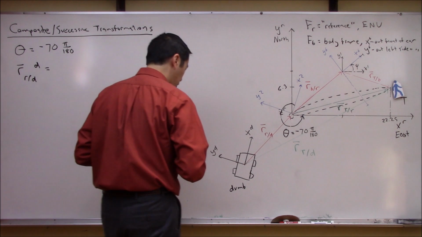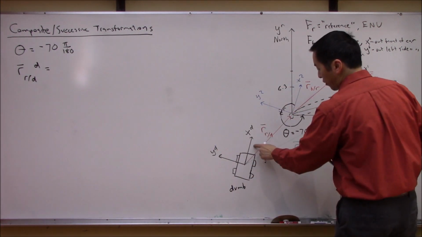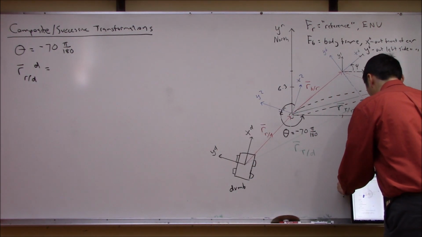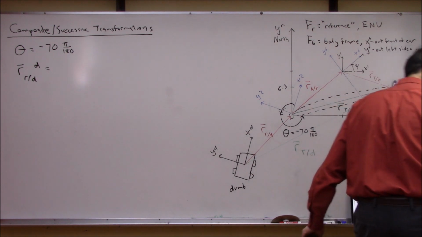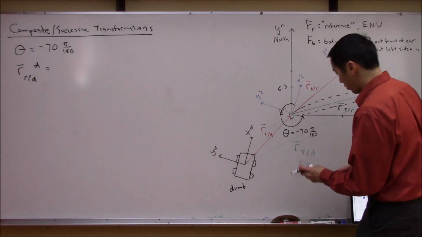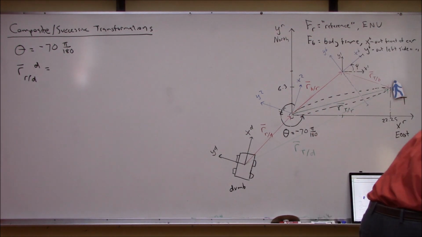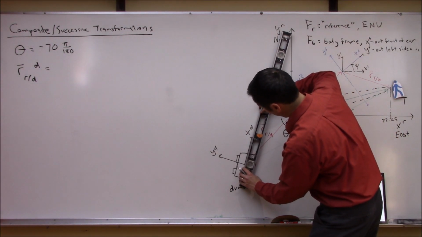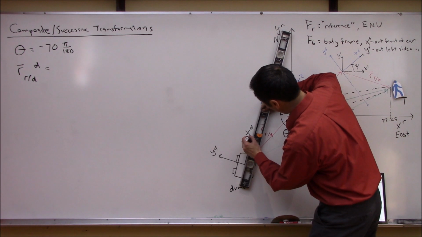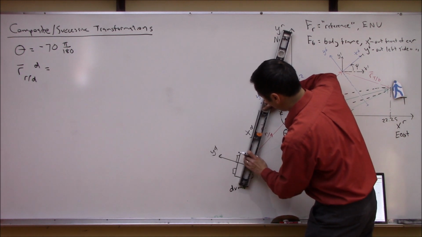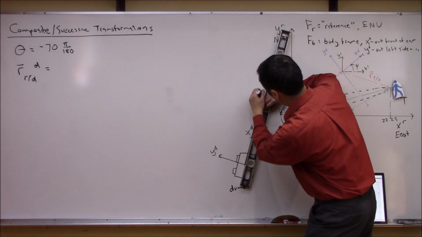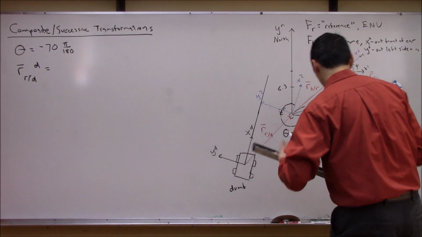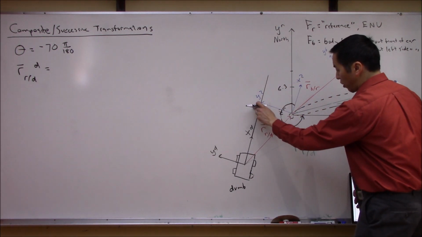So again, let's go ahead and project it onto the D frame. Maybe what we need to do is extend this D frame quite a ways, because it looks like it goes quite a ways. Whoopsies. Okay, something like that.